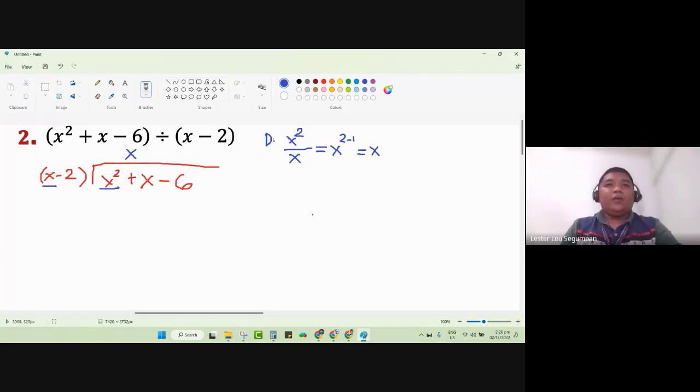This quotient will then be used for our next step, which is multiplication. When we multiply, we are going to multiply the first quotient to both of the terms in our divisor. It will look like this, but it might be complicated for some, so let us try to write it here. x times x minus 2.